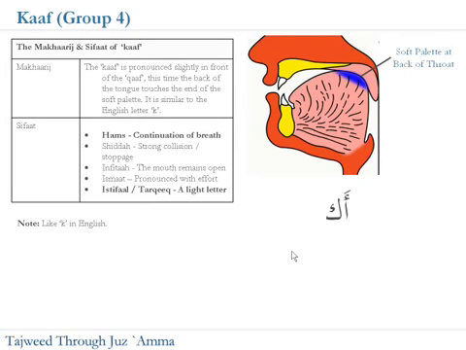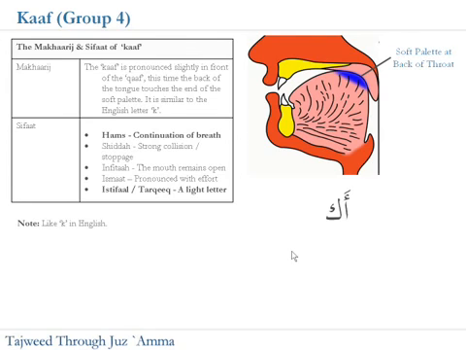So we'll have a look at group 4 now, and these are the letters where the back of the tongue is touching the soft palate at the back of the throat. So the kaf is pronounced slightly in front of the qaf, and it's very similar to the English letter K. And here we have ak.